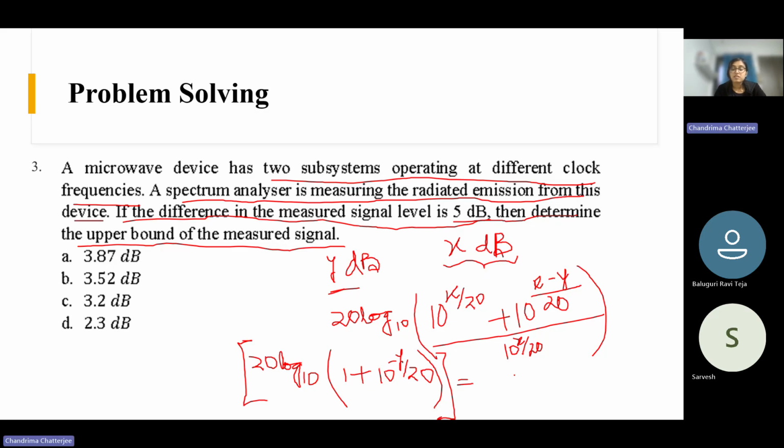So let's calculate 10 power minus 5 by 20, plus 1, into 20. So this is 3.87 dB. 3.87 dB is the answer, option A.